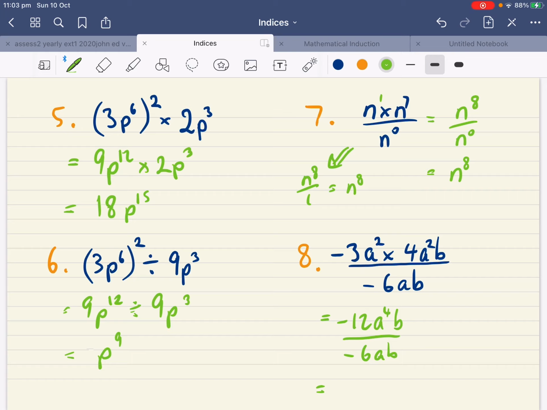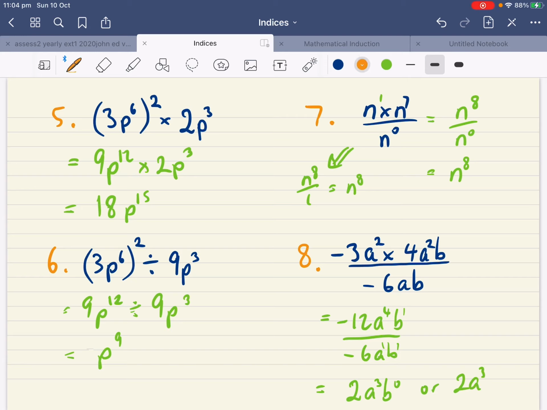So 12 divided by 6 is 2. 2 negatives make a plus. So you got positive 2. And now when dividing, you minus the powers. So 4 take away 1 is 3. 1 take away 1 is 0. So you could write this as b to the 0. Or you could have, b to the 0 is actually a 1, right?